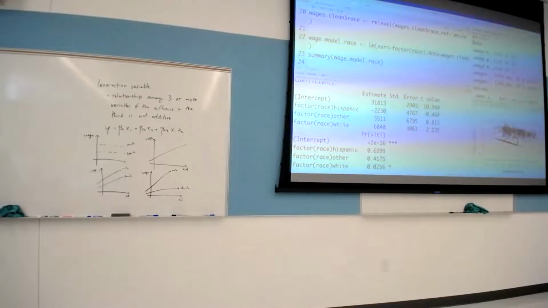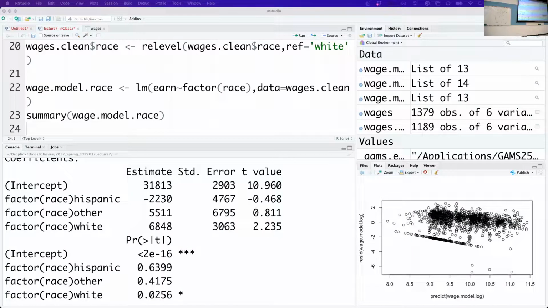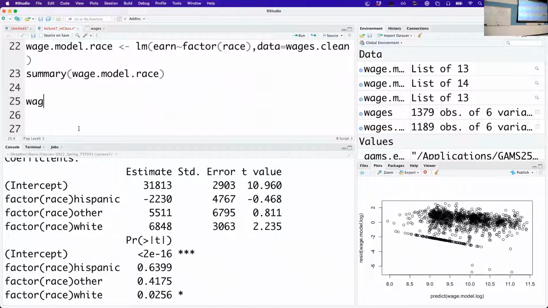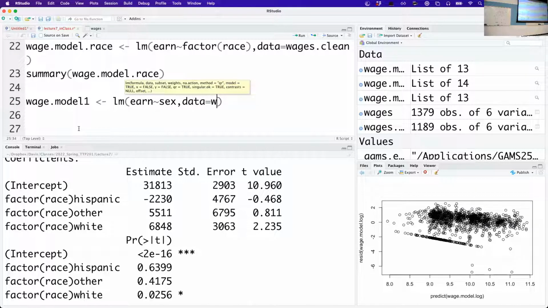So let's look at that here. So wage model 1, earn sex, data equals wages dot clean.